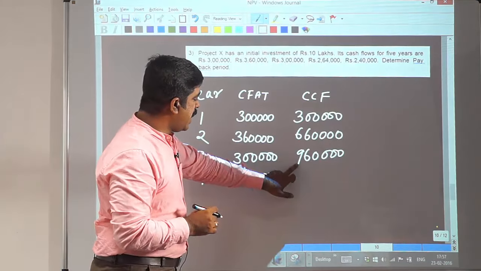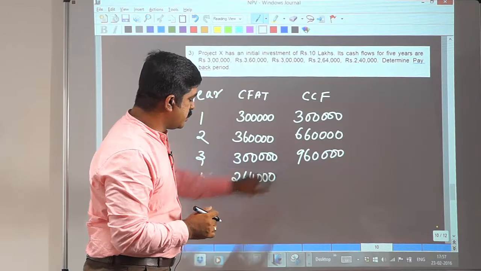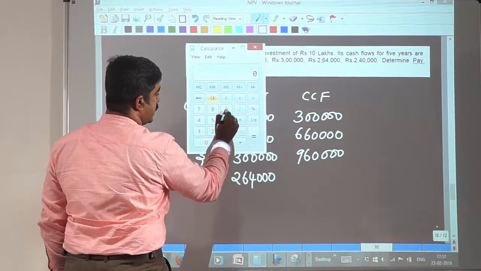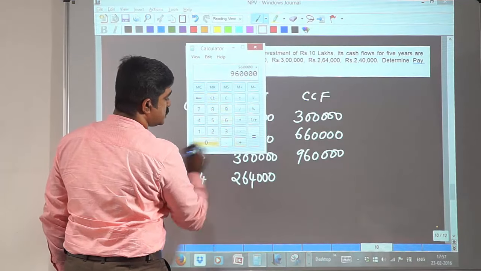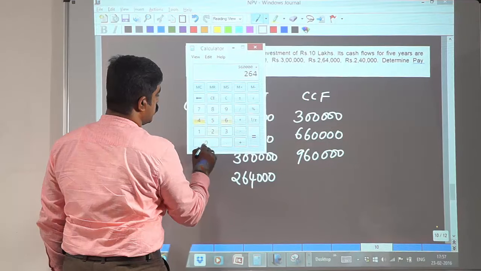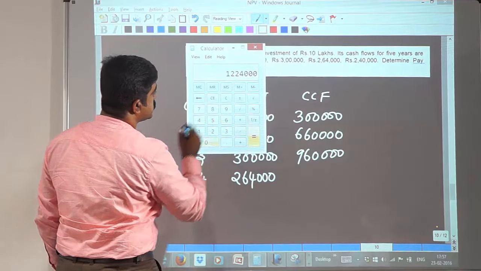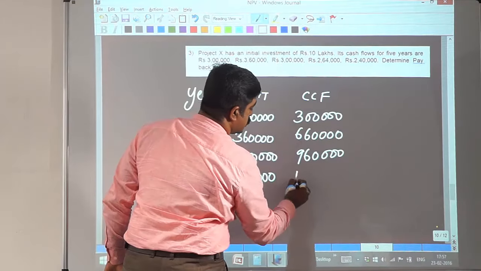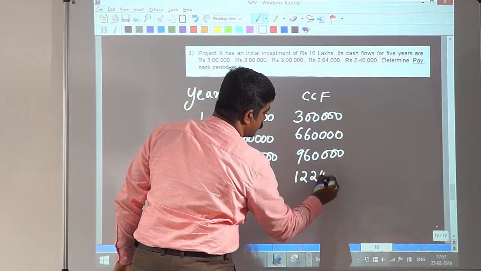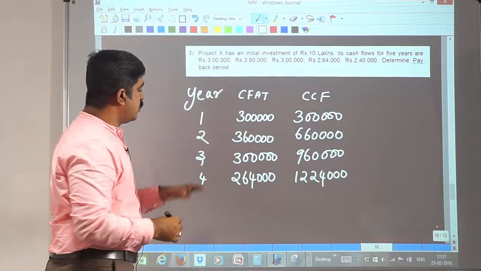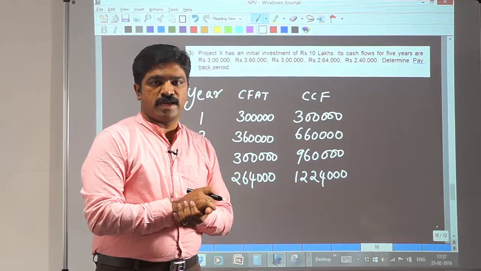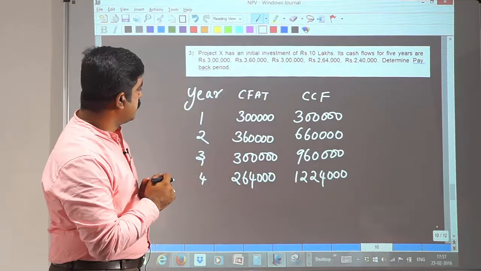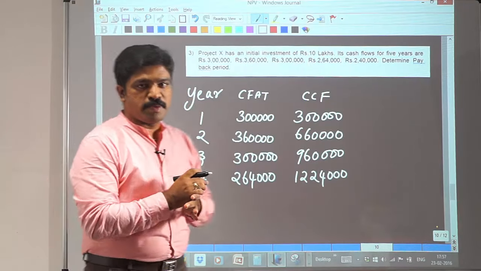Now if I add this 2 lakh 64 to 9 lakh 60, let me see what's the figure. 9 lakh 60,000 plus 2 lakh 64,000 is 12 lakh 24,000. So now I need not go for the 5th year calculation. Why? Because my initial investment is 10 lakh and I'm concerned about the payback period.